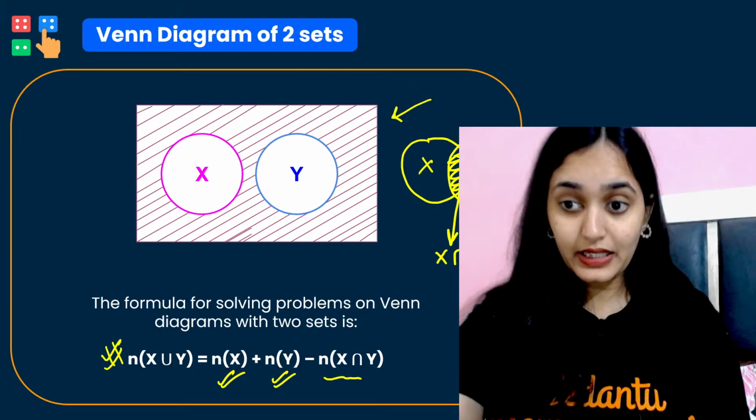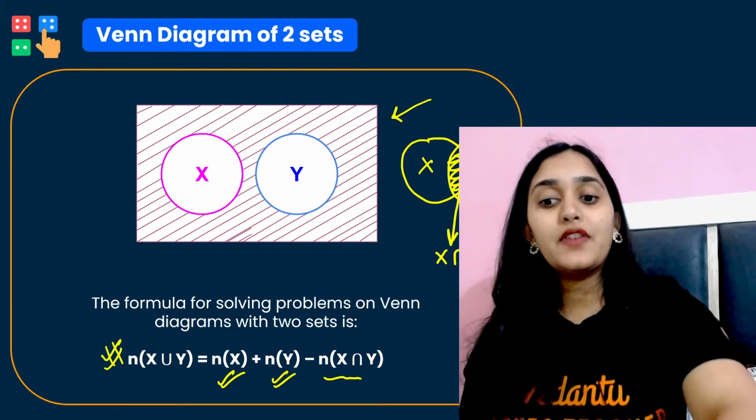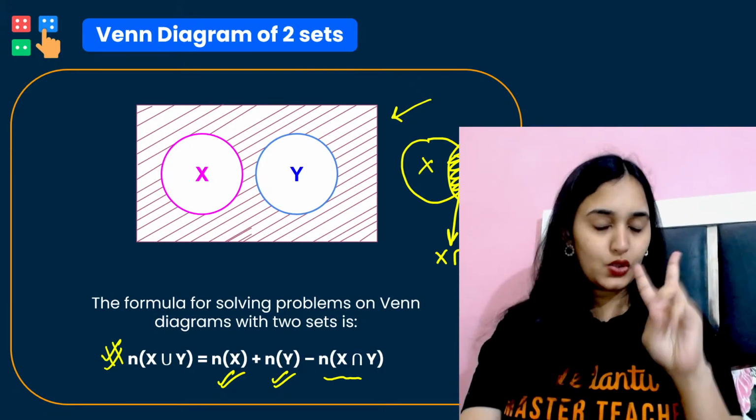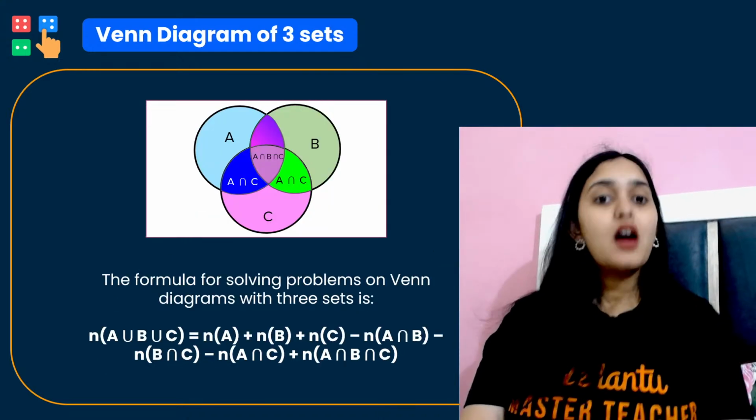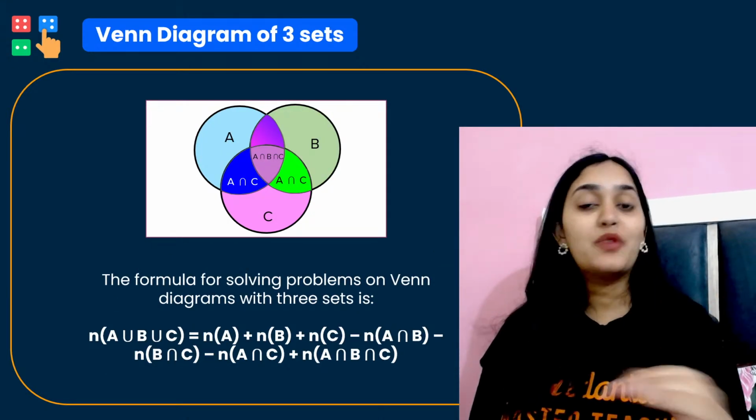So this is the basic operation that we apply on two sets inside our Venn diagram. Now suppose we have three sets. How will the Venn diagram look?